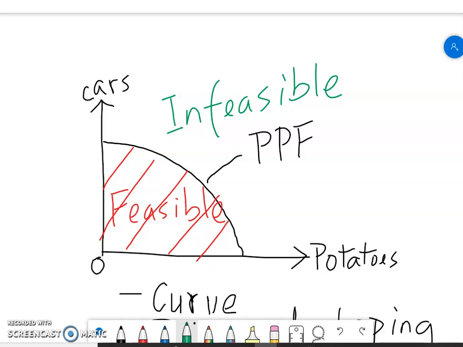Remember, infeasible at this moment for the given amount of resources. If we look at the long term, when the total amount of each factor can be changed, then what's infeasible today could be feasible in the future.